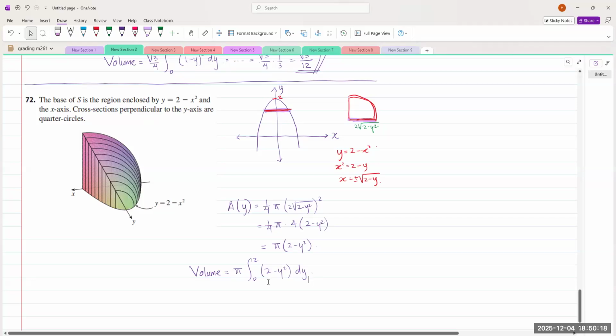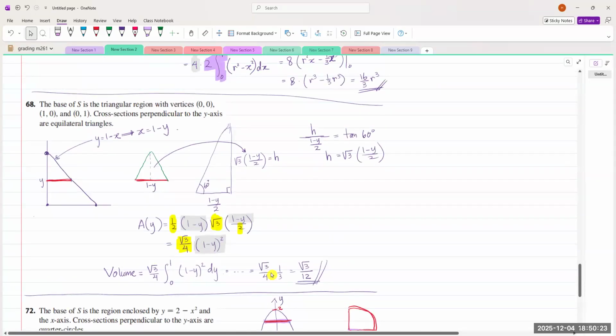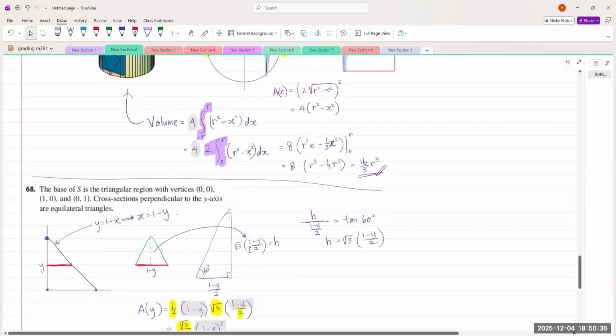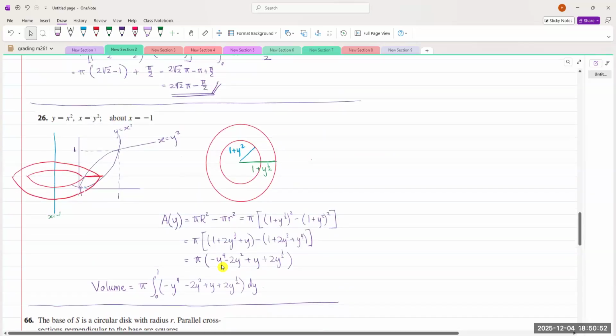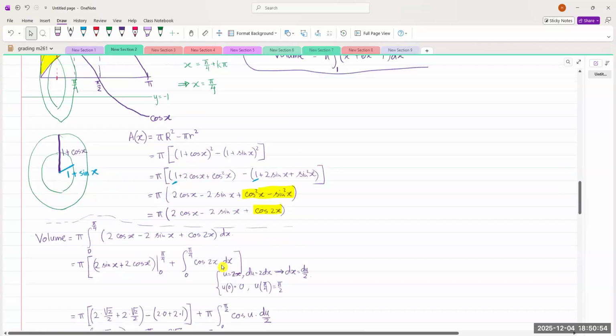Those 4 steps are applied in each one of my questions here: the domain of integration, the shape of the cross section, find the area, and then set up the integral for the volume. That is consistently done for every one of these questions.